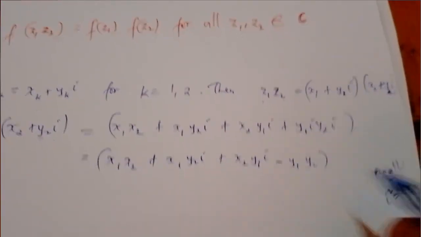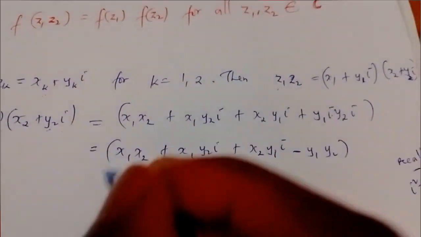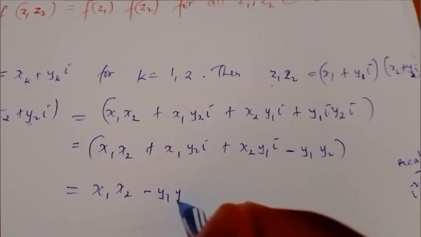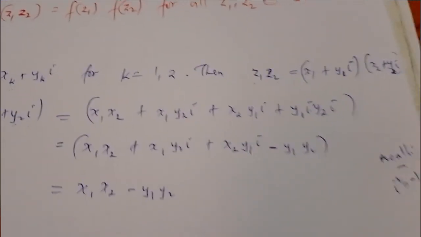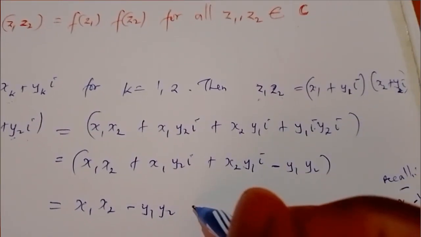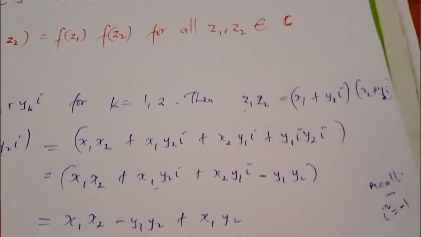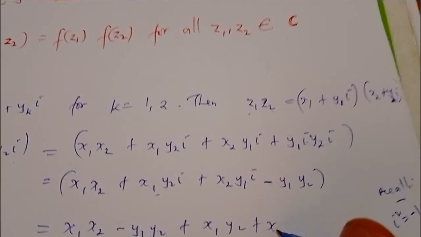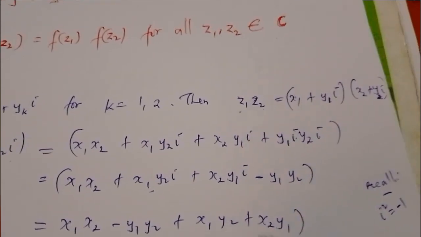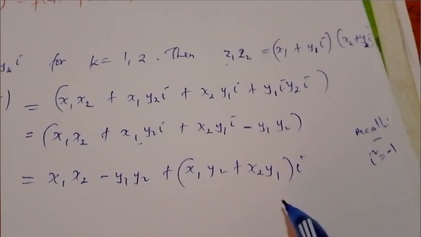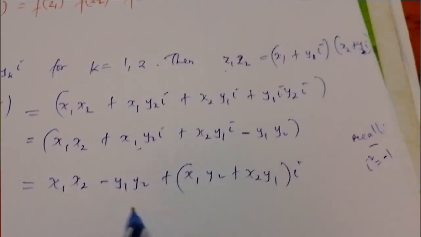Now we separate the real and imaginary parts, and we have x1 x2 minus y1 y2 for the real part, then plus x1 y2 plus x2 y1, times i. This is the imaginary part: the part containing i is the imaginary part, and this is the real part.